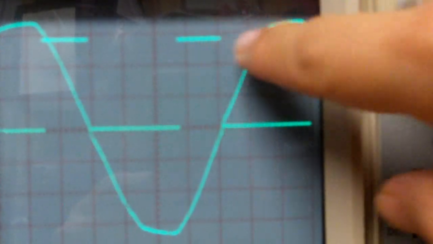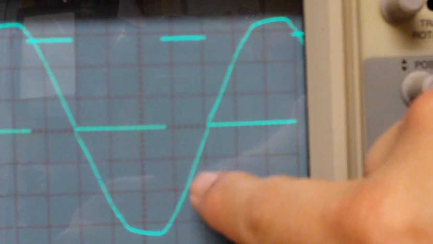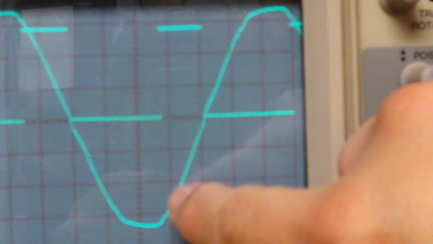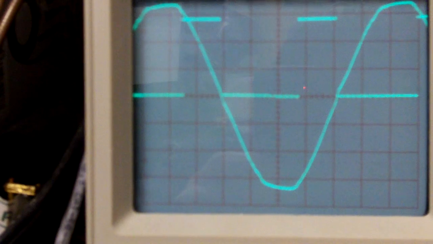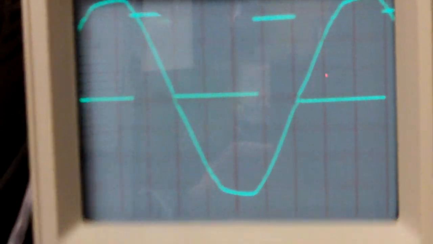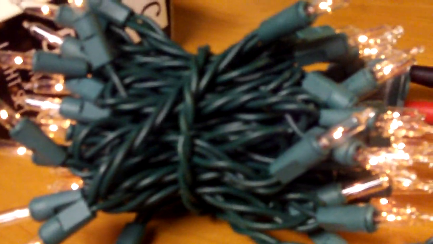It gets turned on here, so basically this part of the waveform is the only part that is actually flowing through our lights there. Now that doesn't sound like a big complicated deal, and that was relatively easy to get going. Now what's going to be difficult is actually configuring it so that you can do this with multiple circuits.